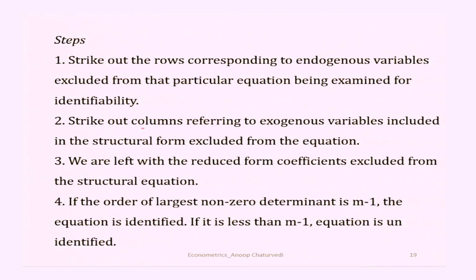Then we strike out columns referring to exogenous variables included in the structural form and then excluded from that particular equation. Then we are left with the reduced form coefficients excluded from the structural equation. If the order of the largest non-zero determinant is m minus 1, the equation is identified. If it is less than m minus 1, the equation is unidentified.